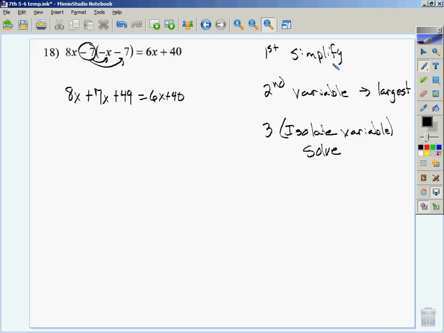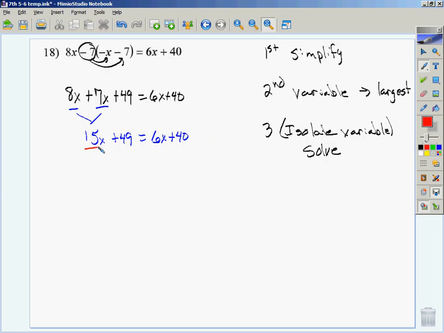Although I've started the process of simplifying, I'm not completely done because I do have some like terms that can be put together. 8x and 7x is 15x plus 49 equals 6x plus 40.